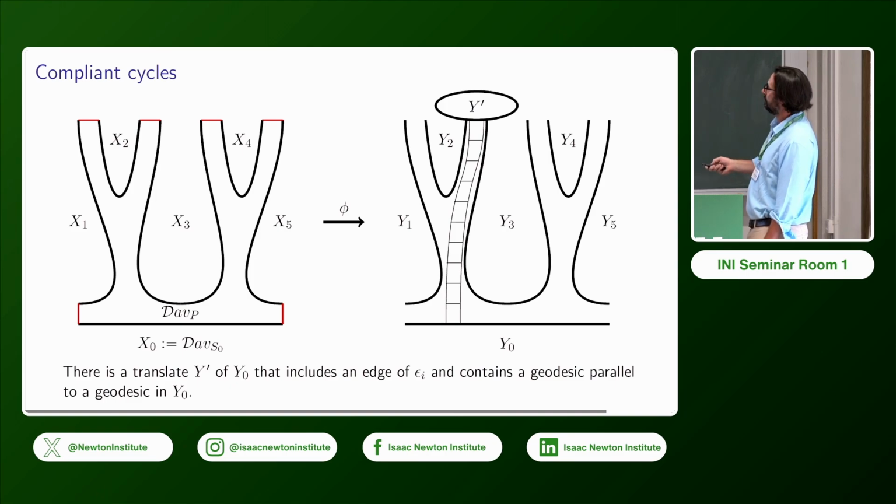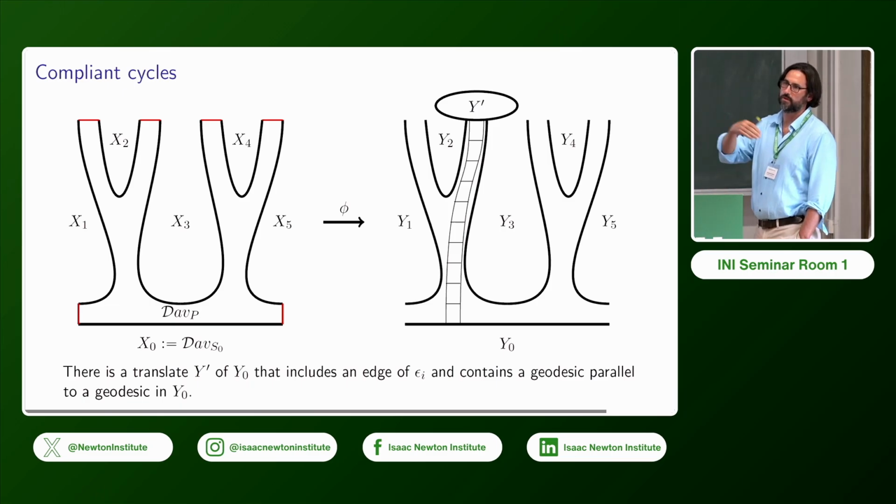But now, if that's G, this group element that commutes with all of the horizontal edges, take all of Y0 and translate it by G, and call that Y prime. So you get this Y prime that contains one of the edges of epsilon I, and it contains a geodesic that's parallel to a geodesic of Y0.